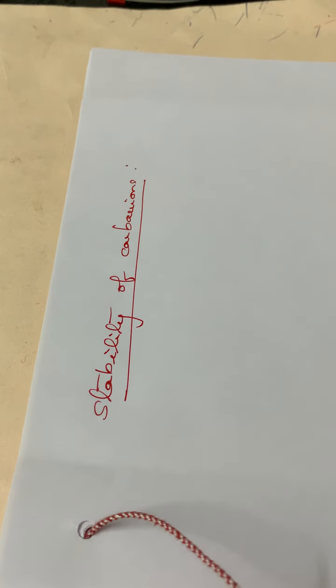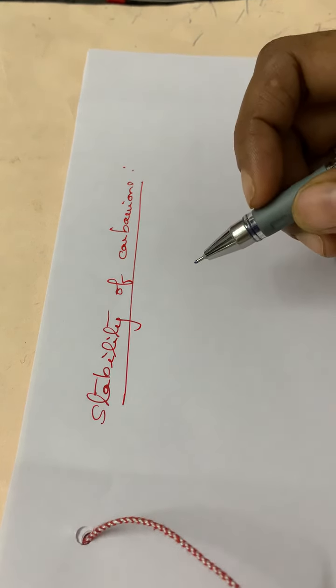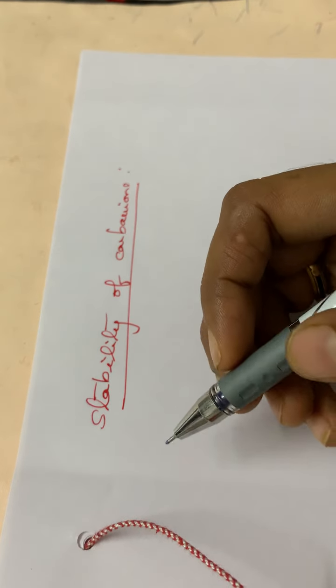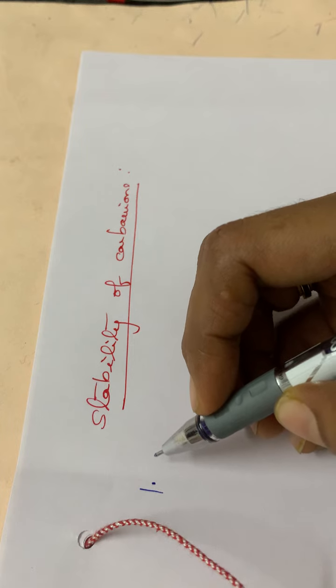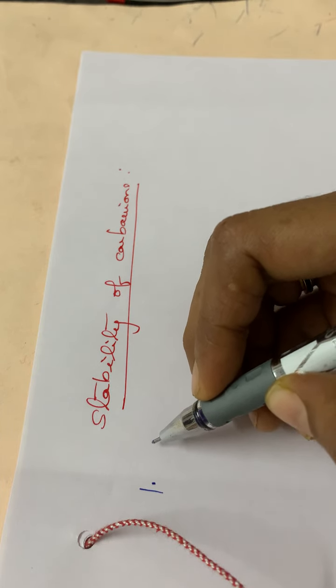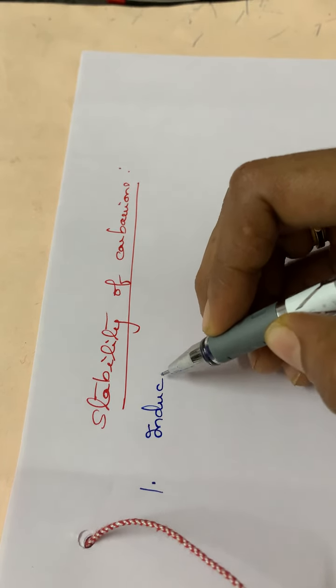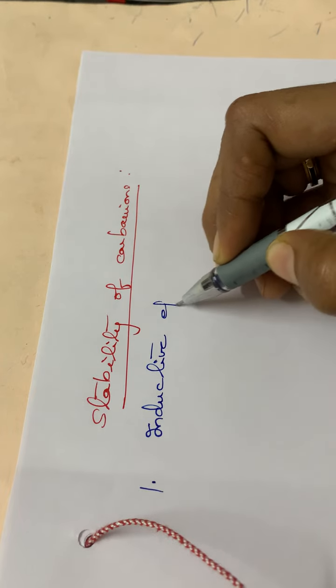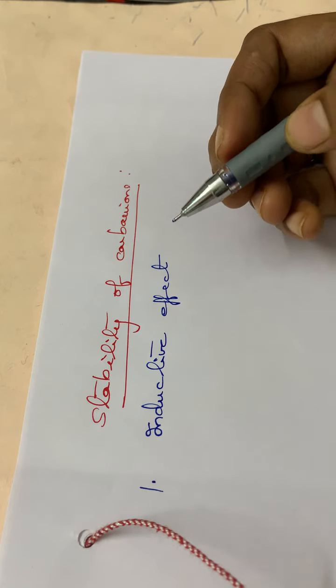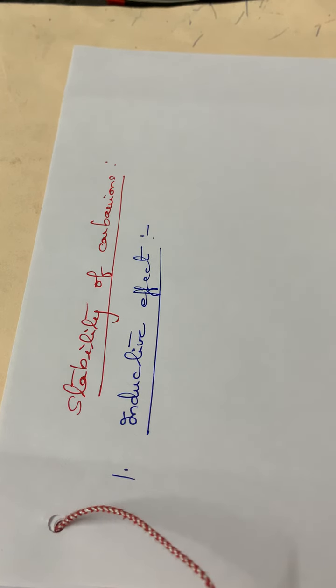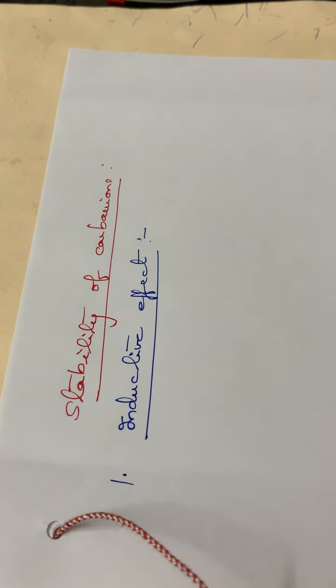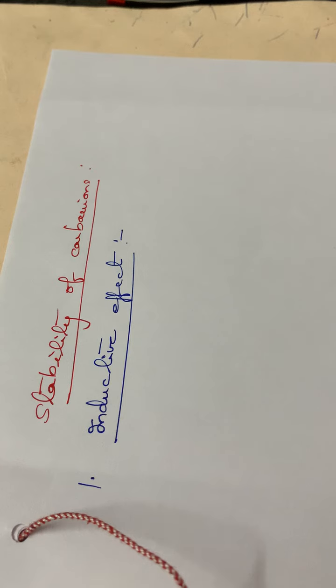We have to study the stability of carbanions in terms of inductive effect and resonance effect. First of all, we go through the stability of carbanions in terms of inductive effect.